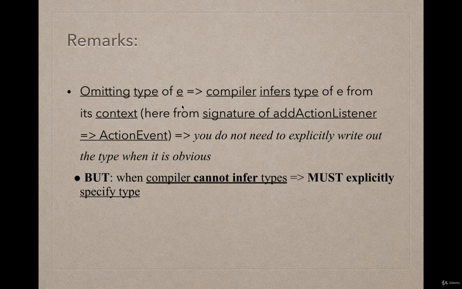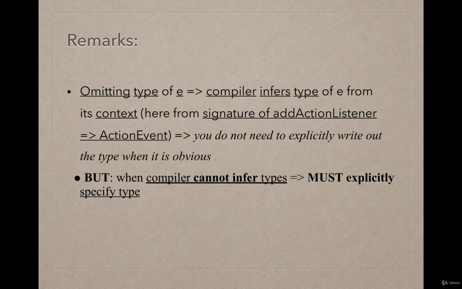There are some things to remember. You can omit the type of e, because the compiler infers the type of e from its context. Here it looks at the signature of addActionListener, and it sees that it expects an ActionEvent. So you don't have to explicitly write the type of e when it's obvious, but when the compiler cannot infer types, then you must explicitly specify the type.